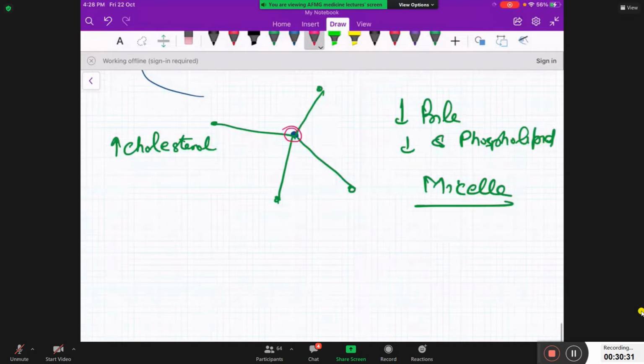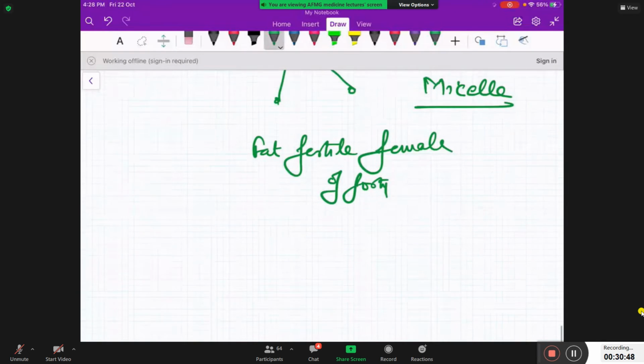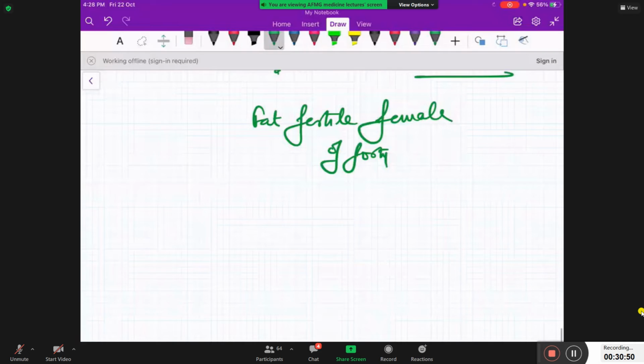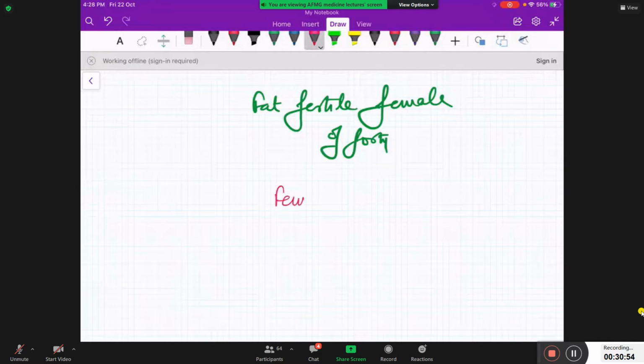So on the basis of this, there is an aphorism for stone formation: fat, fertile, female of 40s. 4F. So what are the risk factors? If you have female gender, there will be a risk.